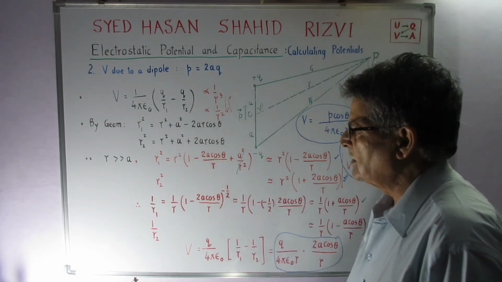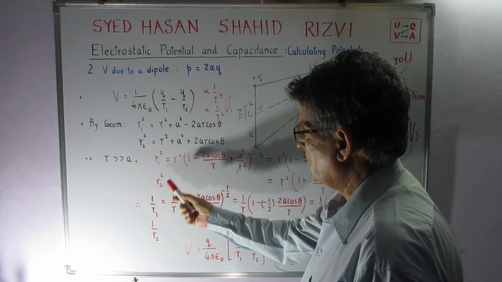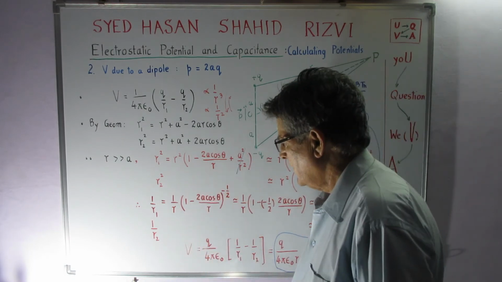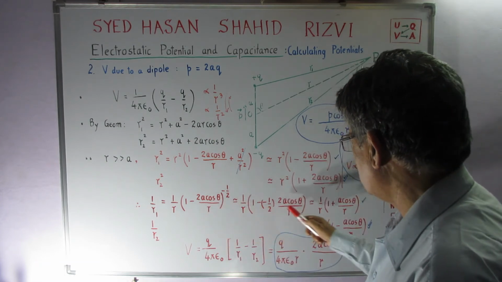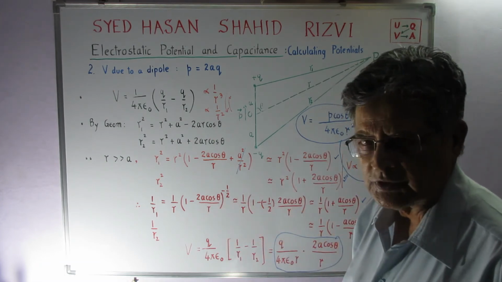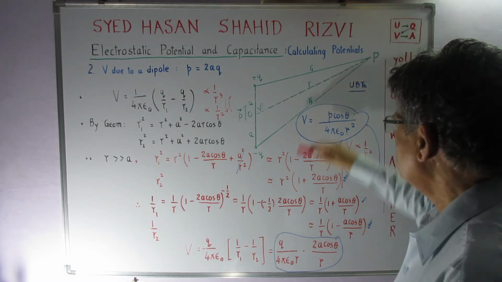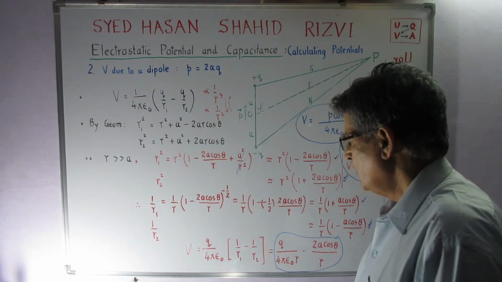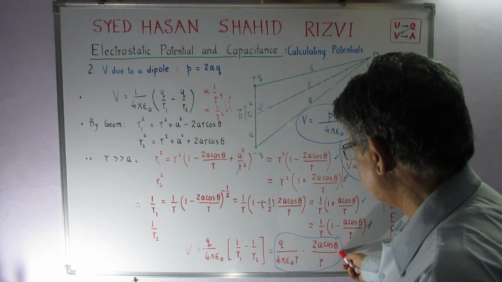From these two results, I write the value of 1 upon r1 square and 1 upon r2 square, take the square root, and through a simple set of steps, using the binomial theorem and the linear approximation, we arrive at a compact result.